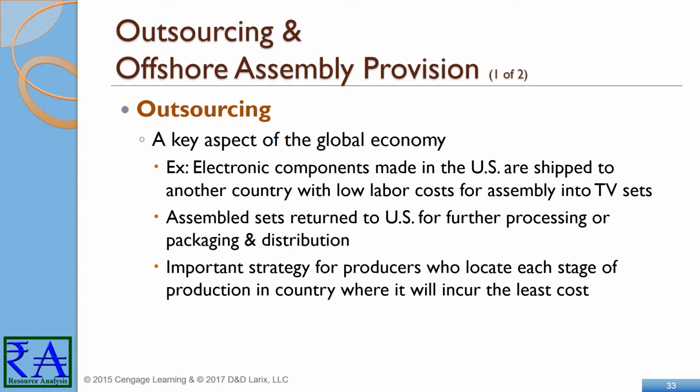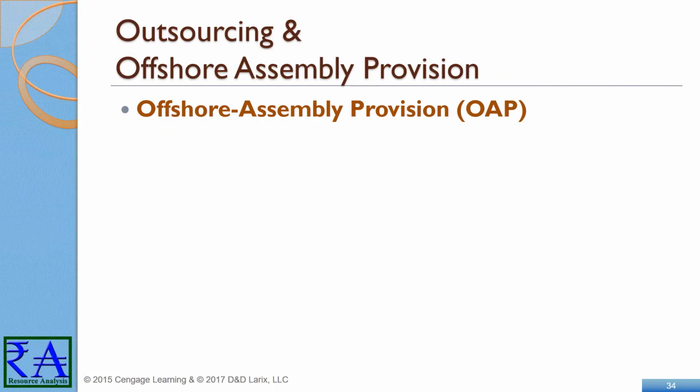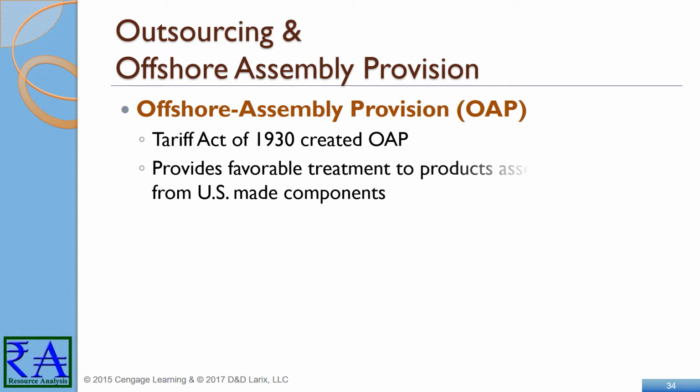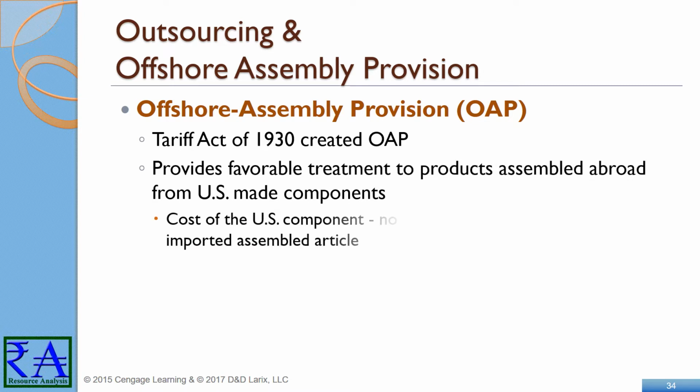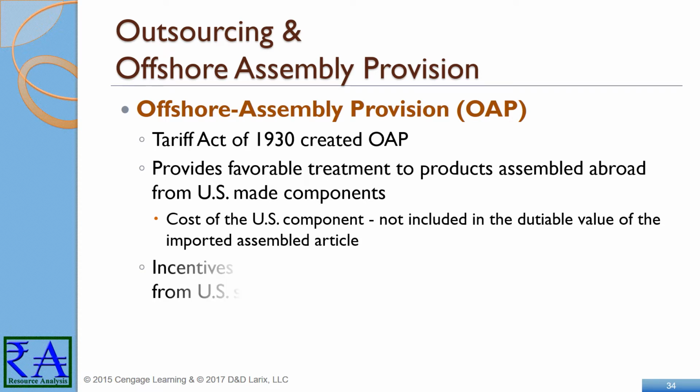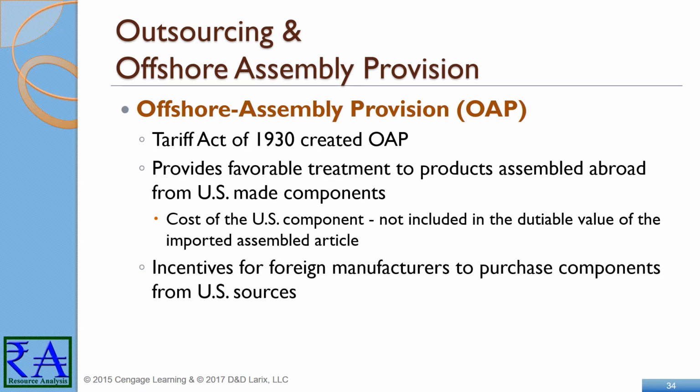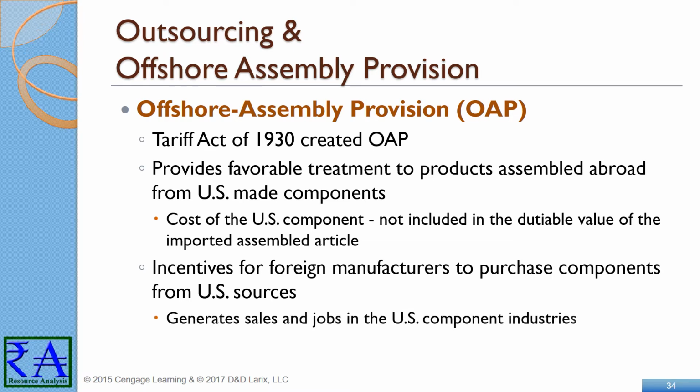Initiated near the end of the Great Depression, the United States Tariff Act of 1930 created the Offshore-Assembly Provisions Act, or OAP, to provide incentives for foreign manufacturers to buy processed components from the USA as part of their final assembly efforts. For the U.S. consumer, it means that goods assembled abroad using U.S. manufactured components receive preferential tariff treatment upon re-entry into the United States.